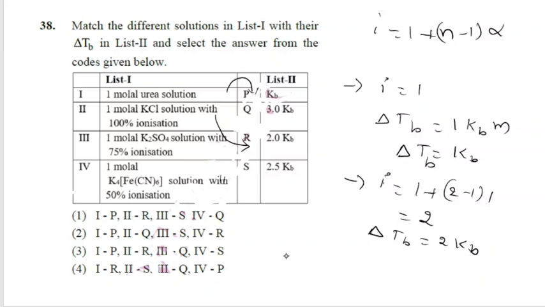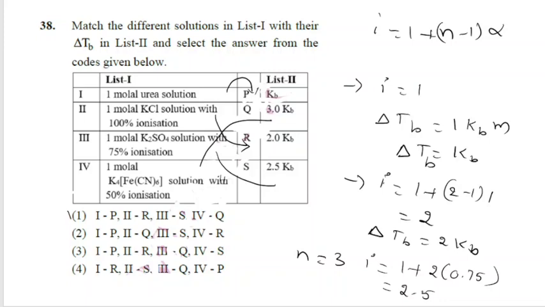Similarly, for the third one, the number of ions per molecule is 3, and i is equal to 1 plus (3 minus 1), that is 2, into 75%, that is 0.75. 2 into 0.75 is 1.5, and 1.5 plus 1 is 2.5, so 2.5 Kb. So the third one is matching with S, and obviously the fourth one matches with Q, and hence the first option is the correct one.